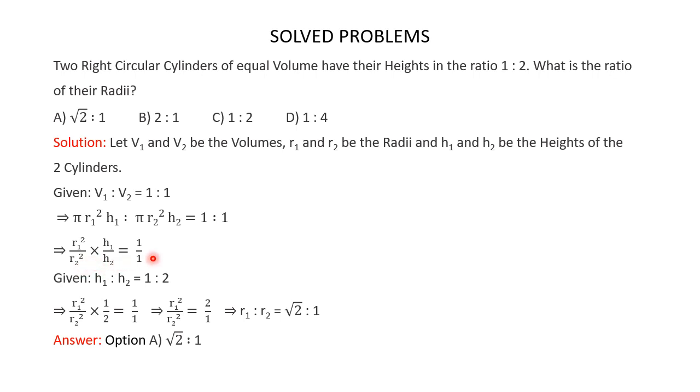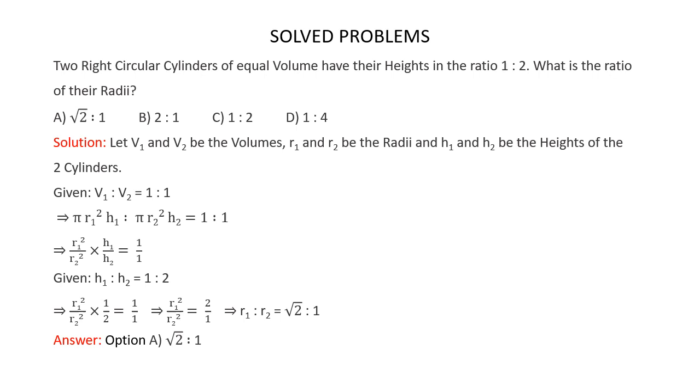1 divided by 1. Now it's given that the heights of the two right circular cylinders are in the ratio of 1:2. So H1 is to H2 is equal to 1:2. This means R1 squared divided by R2 squared multiplied by 1 divided by 2 is equal to 1 divided by 1.